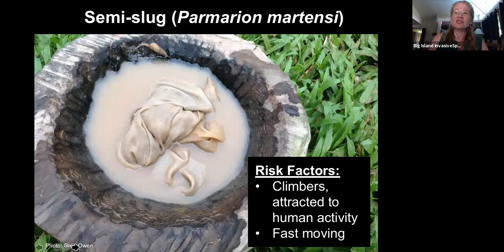So first, you can see it at the top of the kava bowl right there. That's not normal behavior for a slug. In fact, we had pretty severe cases here in Keaau just a few years ago. A family had made kava in their backyard, as they had done previously. It had never been a problem before. The next day, they drank the kava and got to the bottom of the bowl, and there were dead slugs in the bottom of the bowl.